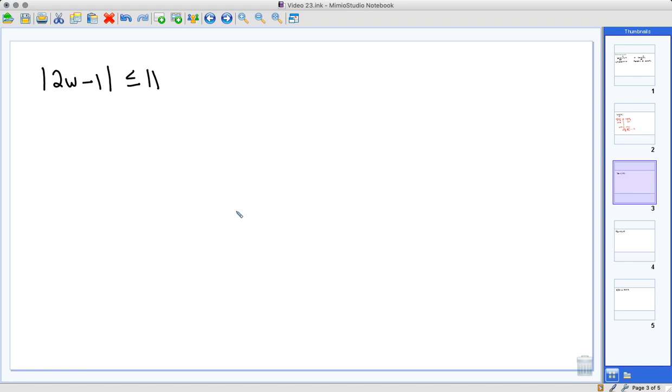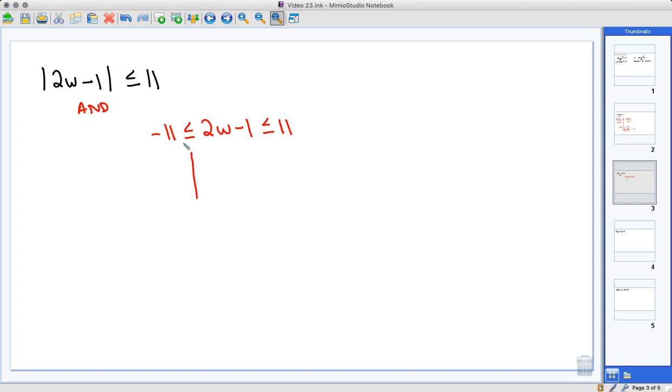I've got absolute value of 2w minus 1 is less than or equal to 11. Think about, is this an and problem? Is this an or problem? This actually ends up being an and problem. So we set it up: negative 11 less than or equal to 2w minus 1 less than or equal to 11.